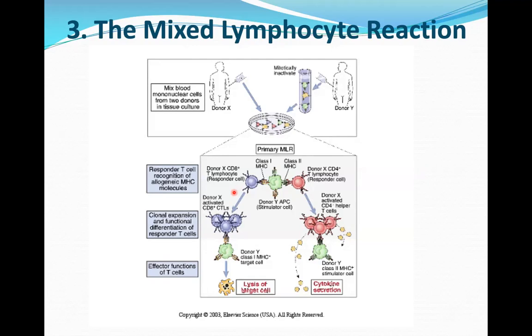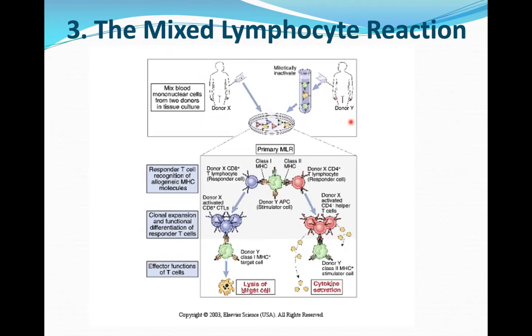So in these type of experiments, we try to look at reactivity or MHC mixing between a donor, in this case donor X, and the recipient, in this case donor Y. Right?